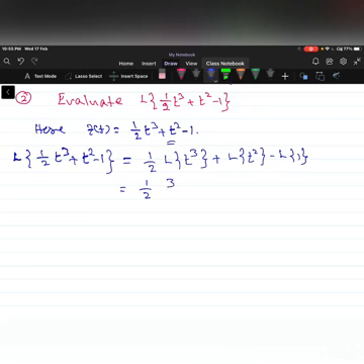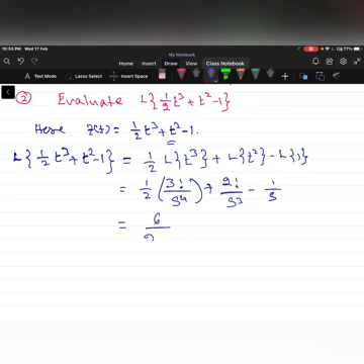That can be written as 3 factorial by s to the power of 4, plus Laplace of t square is 2 factorial by s cube, minus Laplace of 1. Here 1 is a constant, so Laplace of 1 is 1 by s. So this can be written as 3 factorial, which is 6, by 2 s to the power of 4 plus 2 by s cube minus 1 by s.